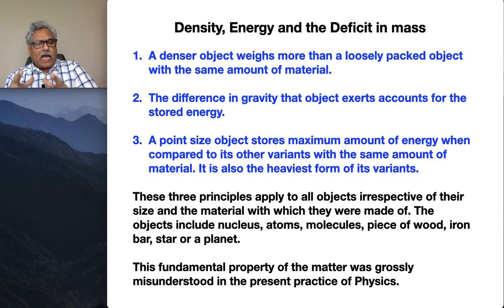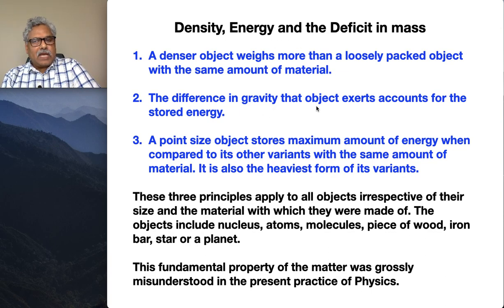So the actual thing is how you describe these ionization processes, how it is happening, and how to link density, energy, and mass. A denser object weighs more than a loosely packed object with the same amount of material. So when you compress an object, it weighs more than a lighter version of that object; the gravity towards it will be more for the denser object.